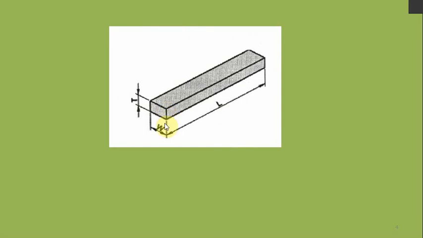If you want to purchase or fabricate a key, we should know this length, width and thickness. And in the majority of machining situations, except the length, the width, thickness and other parameters required are all defined in terms of shaft diameter.